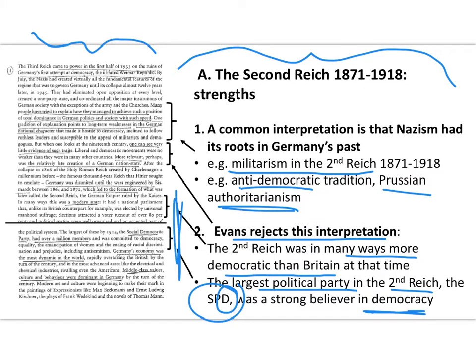They strongly believed in democracy. So those historians who put a great deal of emphasis on the fact that the Second Reich was not very democratic are selecting points to try to argue a case that they've already made up their mind about, that Nazism had its roots in a very undemocratic past. Well, actually, it's not that simple, is the point that's being made there.